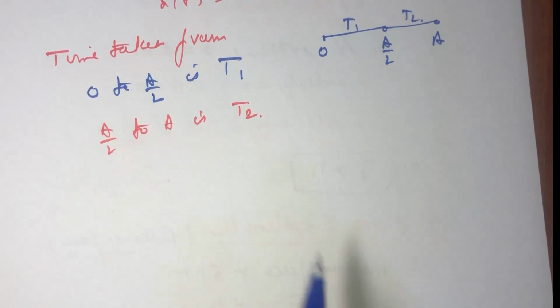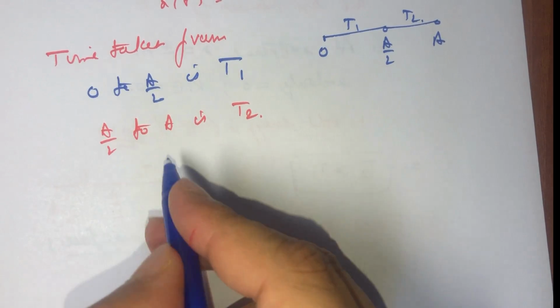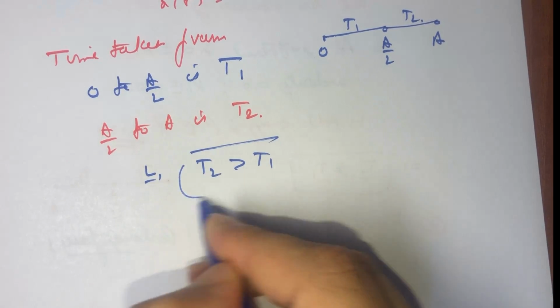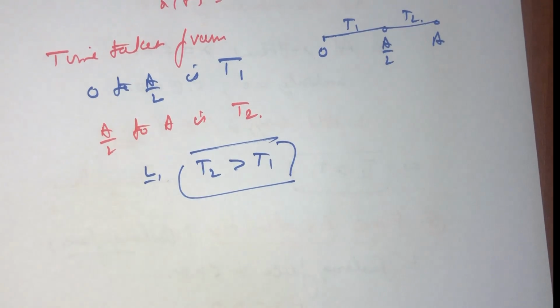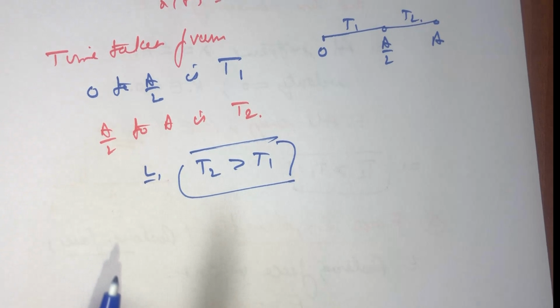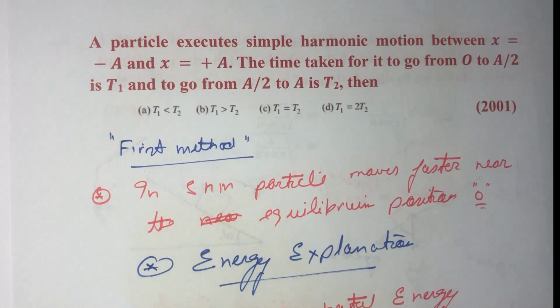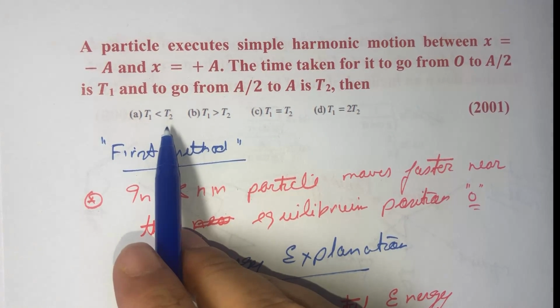Based on the discussion, we can say that t2 will be greater than t1. This is based entirely on the theoretical concept. So this broadly covers our answer. We can easily identify that option A is the correct one.